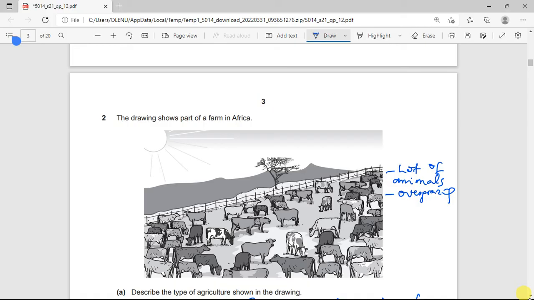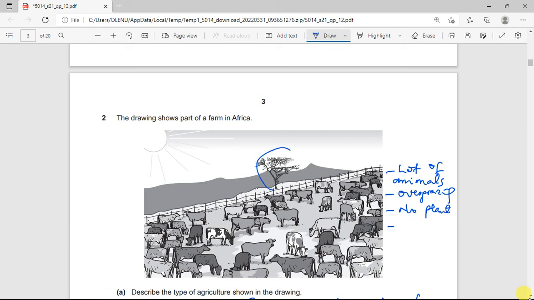And if you look at this farmland too, there are no plants around, so the ground will easily be exposed to soil erosion, and there is a lack of trees.